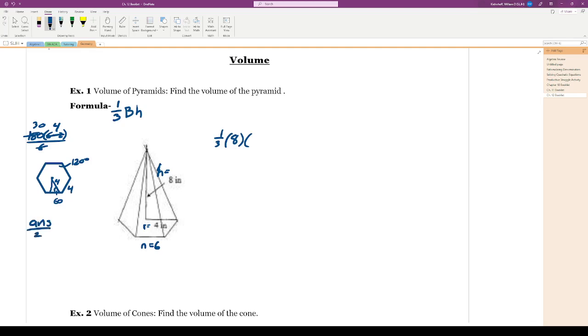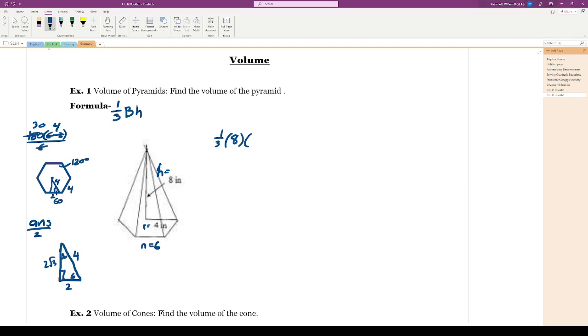Now we know the number of sides is 6, the side length is 4, all we need is our apothem, which is going to be 2 times the square root of 3. Let's draw the right triangle separate. Okay, so we had 4, and this was my 60 degree angle and my 30 degree angle, so this was 2, and this was 2 root 3, because it's a 30, 60, 90 special right triangle.